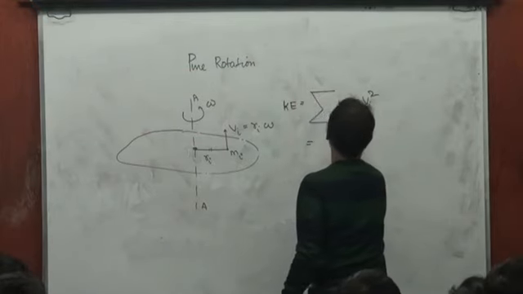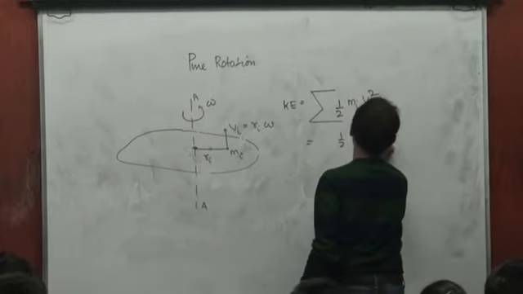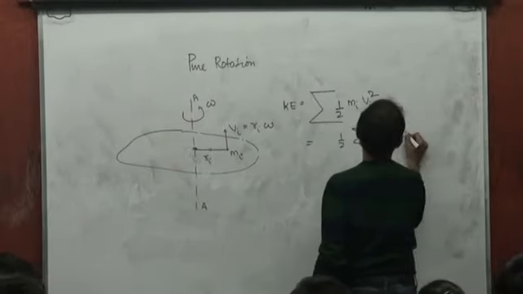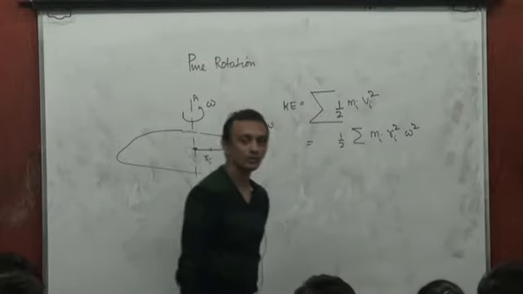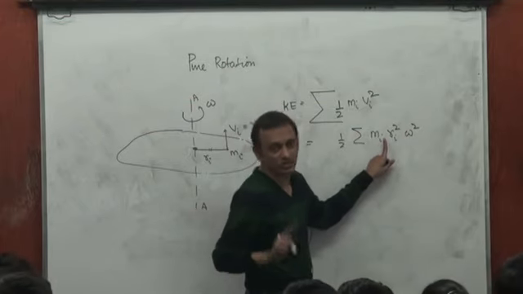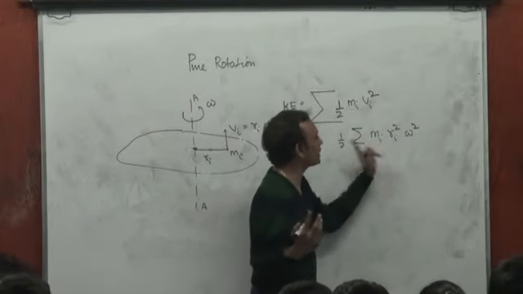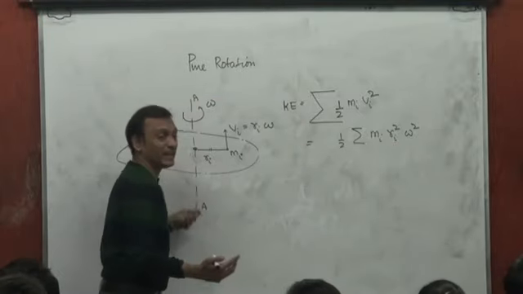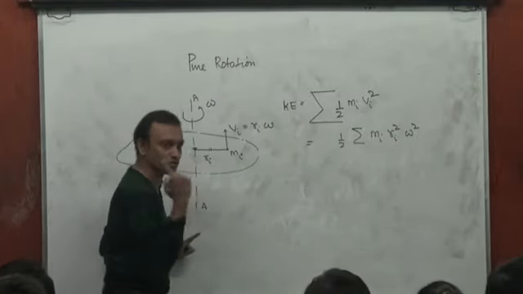Which is half summation m_i v_i squared, which is r_i squared omega squared. But omega squared is independent of i because it is the same for all i's. So it will come out, and m_i r_i squared is what? I about AA, I about the axis of rotation.